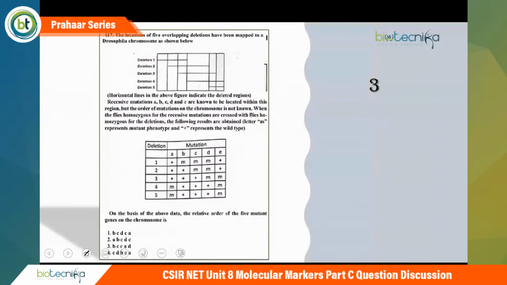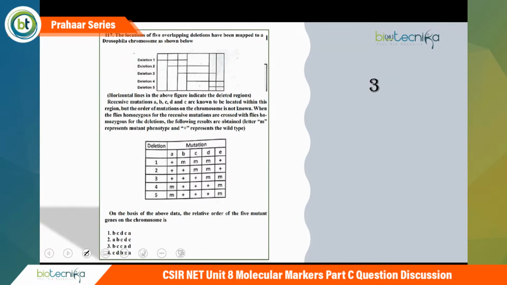Next question. Now this is a question from deletion mapping, which is a technique for physical mapping of genes. The location of 5 overlapping deletions have been mapped to a Drosophila chromosome as shown below. So there are 5 deletions showing, deletion 1 to 5.